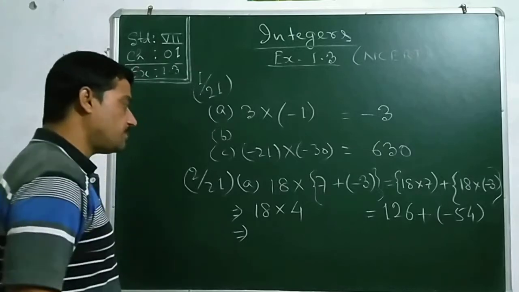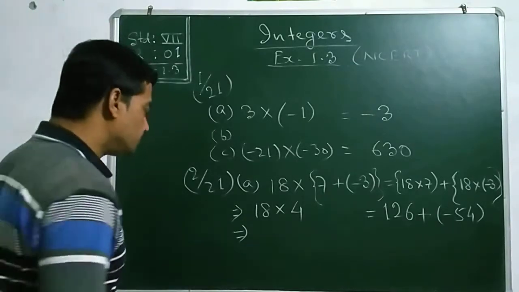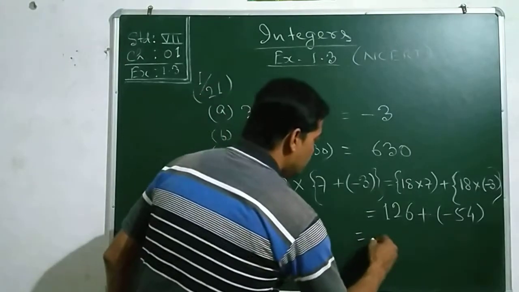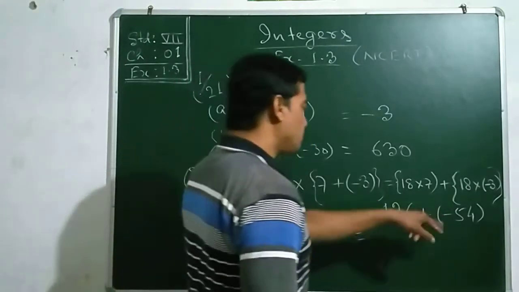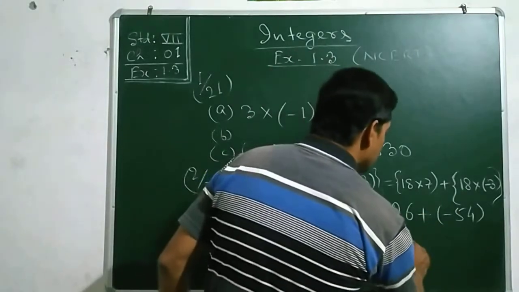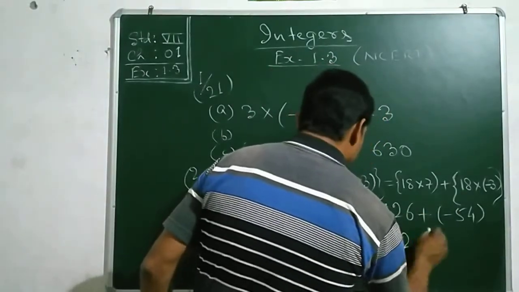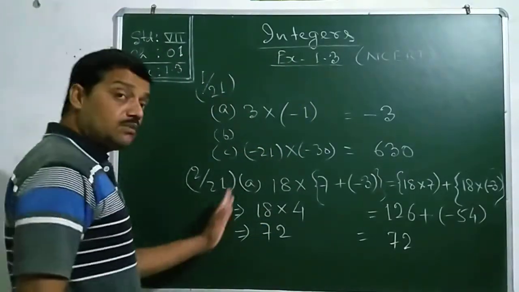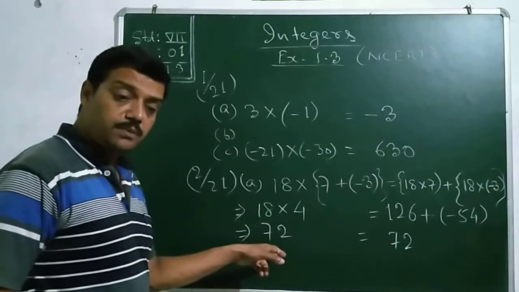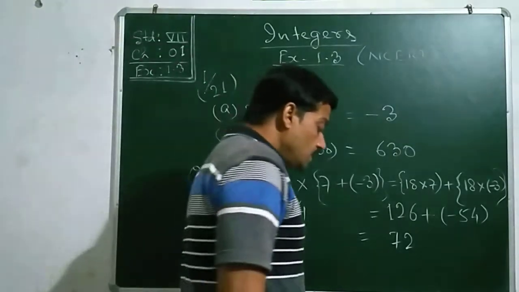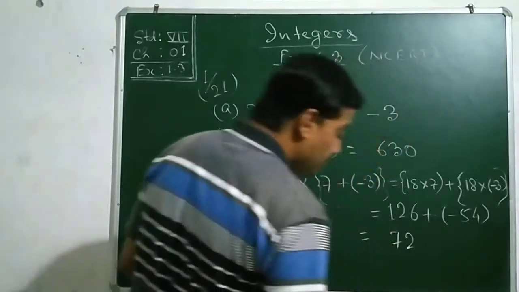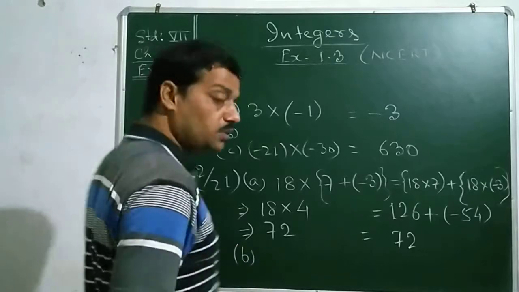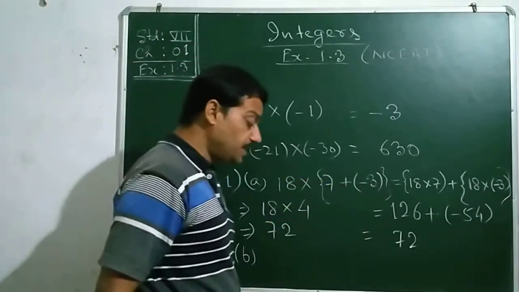Let us see the result. 18 fours are 72. Is 72 equal to 126 minus 54? Yes, we get 72 equal to 72. That was the verification of the distributive property in question 2. As I have solved part A and verified it, similarly you will solve part B also. Follow these steps and you can solve part B.